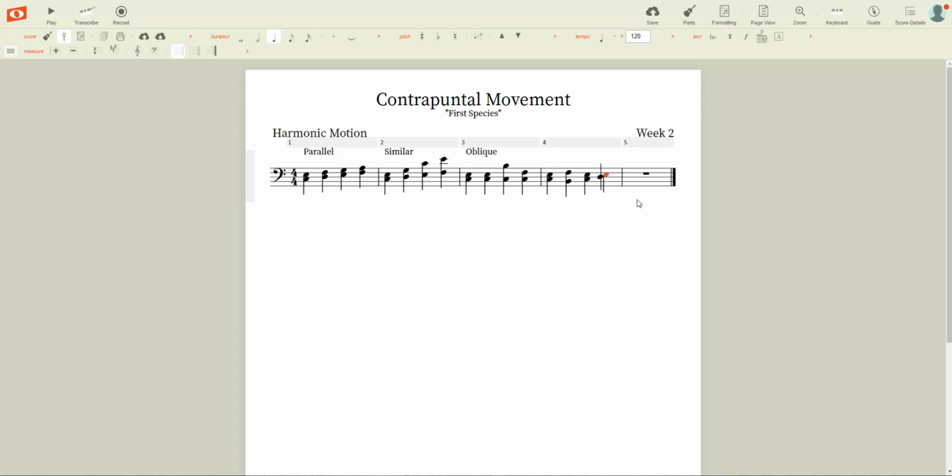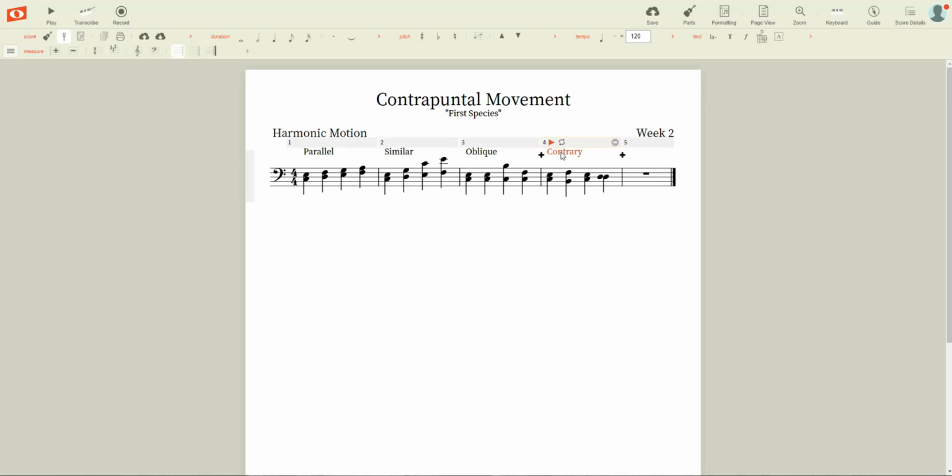Move to a unison here. So this is all what we call contrary motion. In contrary motion, the notes are moving away from each other, or towards each other, but they're moving in different directions. This note goes up, this note goes down, this note goes up, this note goes down, this note goes down, this note goes up. So this is contrary motion.